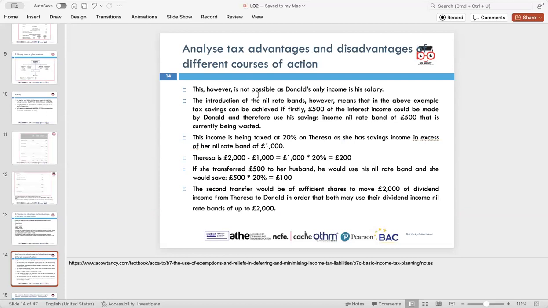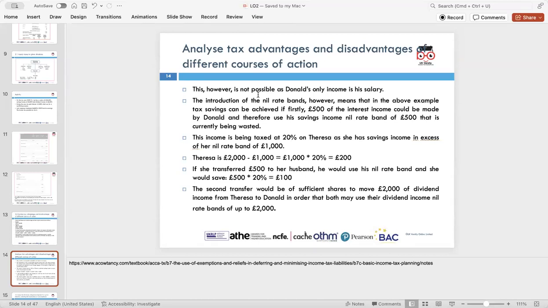The introduction of nil rate bands presents an opportunity for tax saving. Currently, Teresa's savings income exceeds her nil rate band of £1,000, resulting in taxation at a rate of 20%. She pays £200 in taxes on the excess £1,000 of savings income.